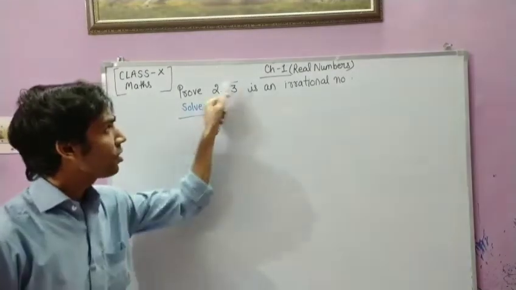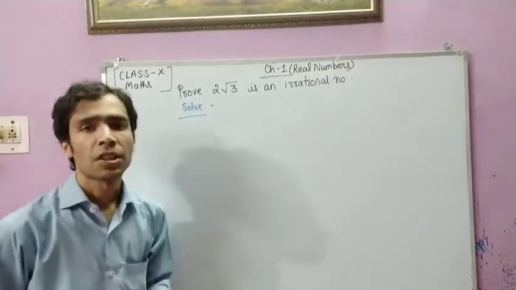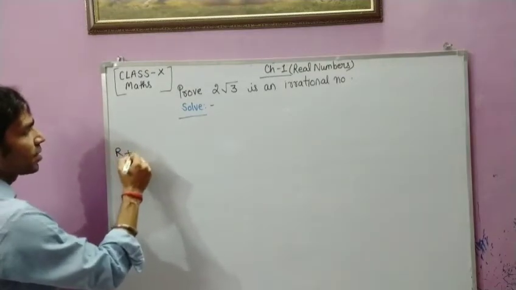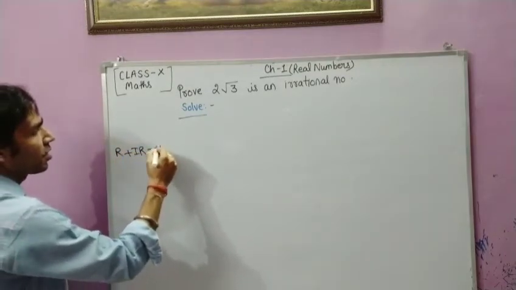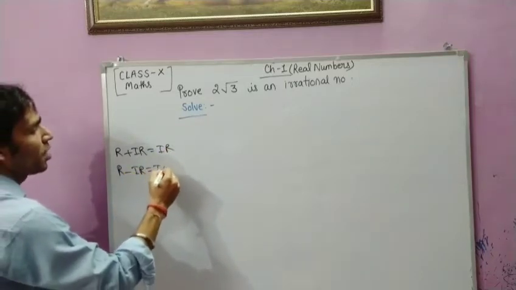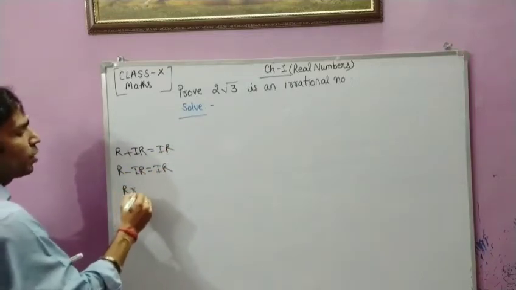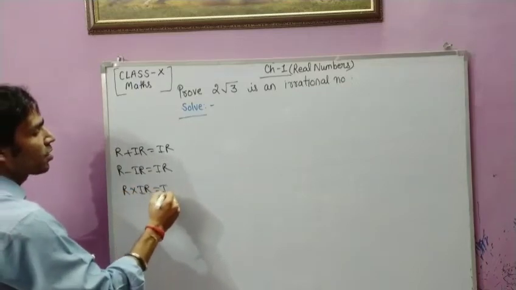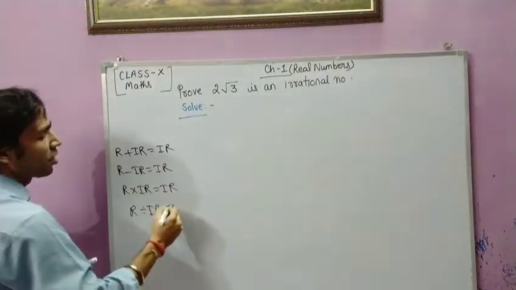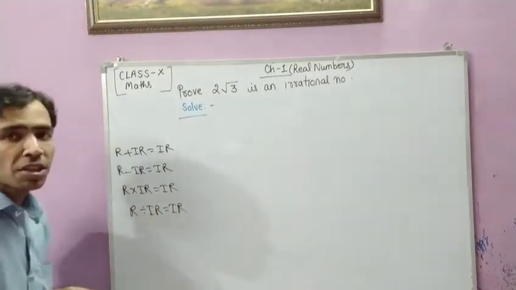It is showing the product of rational and irrational, and we all know that rational plus irrational is irrational, rational minus irrational is also irrational, rational into irrational is also irrational, and rational divided by irrational is also irrational, provided some conditions.